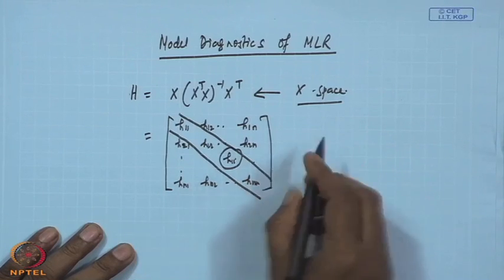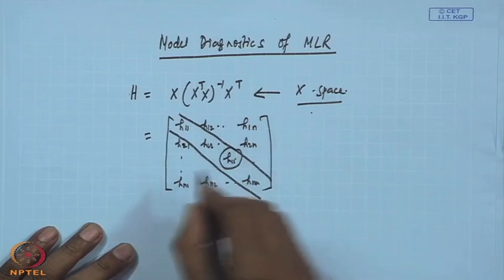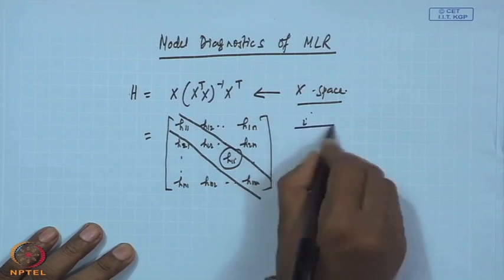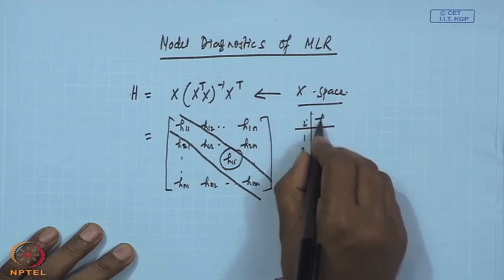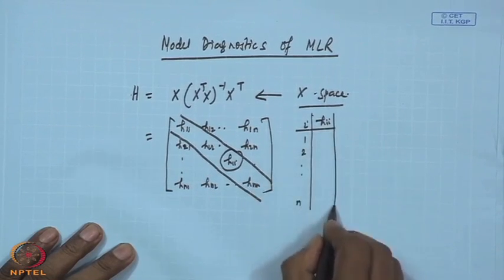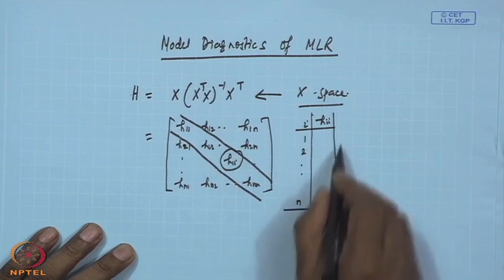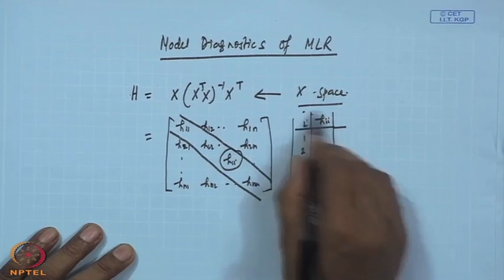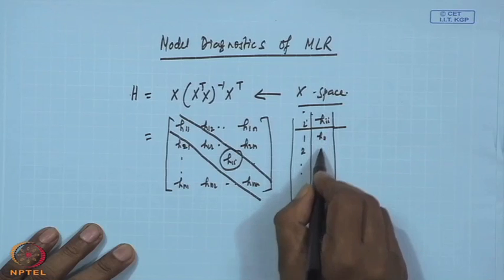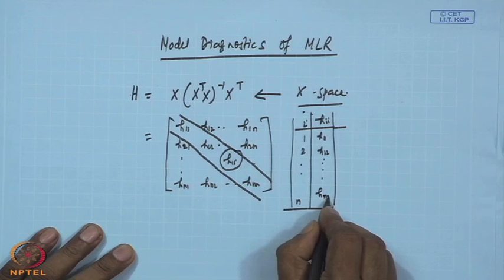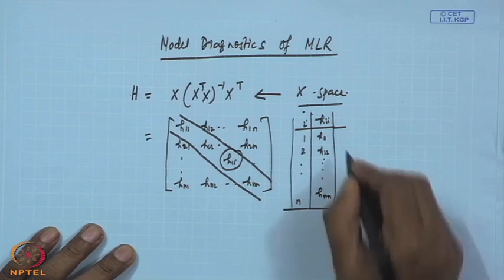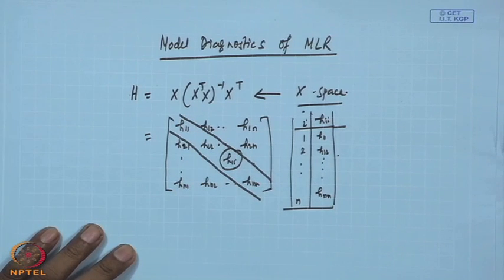In the hat matrix, for i equal to 1 to n observations, you find out the Hii values. These are known as leverage values. So, H11, H22, up to Hnn are all leverage values.